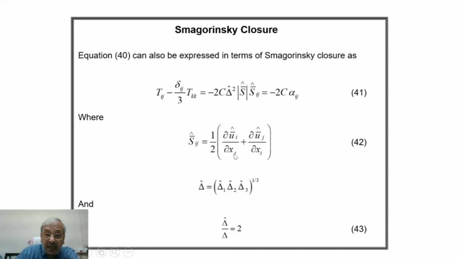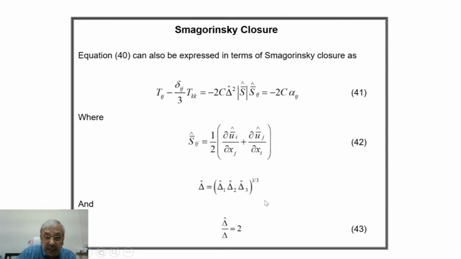So del xj ui circumflex plus del xi uj circumflex, and this filter size is basically delta 1, delta 2, delta 3, all with circumflex. That means with higher dimension. It is bigger than delta 1, delta 2, delta 3 to the power 1/3.